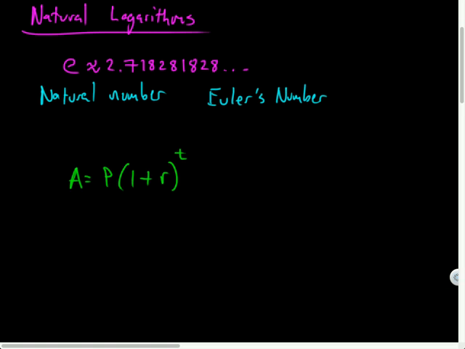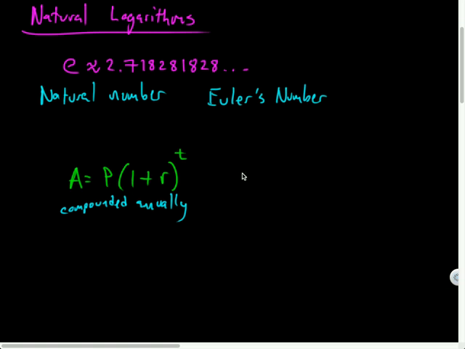So this is a formula for compound interest compounded annually, where they calculate how much interest you earned once per year.